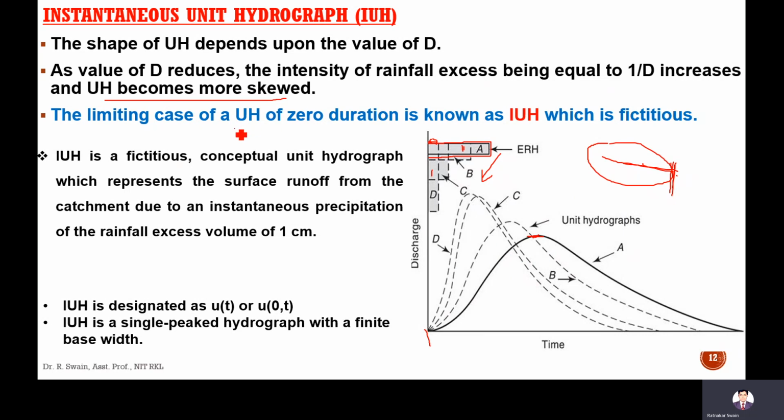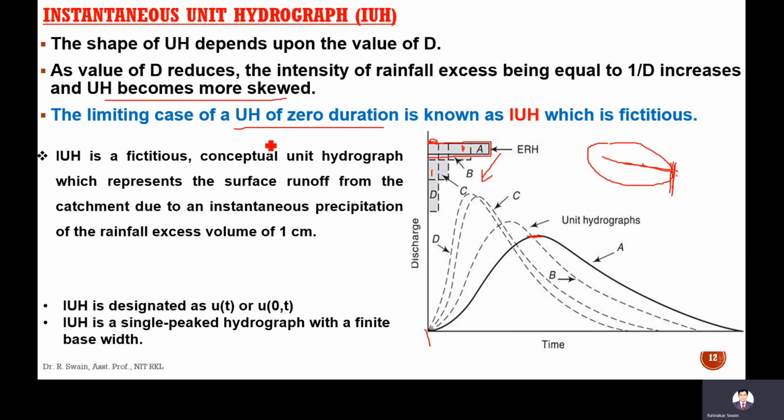The limiting case of UH of zero duration is known as IUH, which is fictitious. There is nothing practical in this IUH, but just for theoretical purpose it is used.